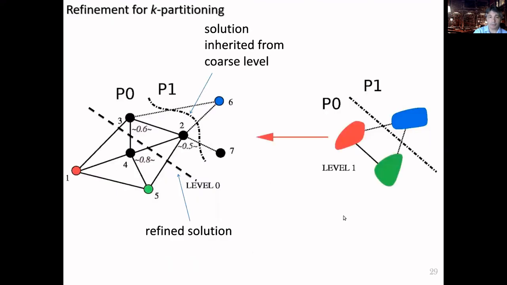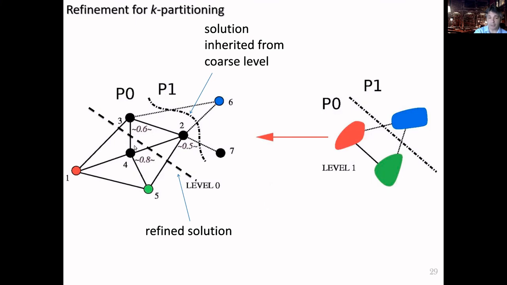So, for example, in graph partitioning, when we have a solution at the coarse level, we project the solution back to the original nodes, decompress the problem, and then with the refinement, we slightly change the solution that was inherited from the coarse level.